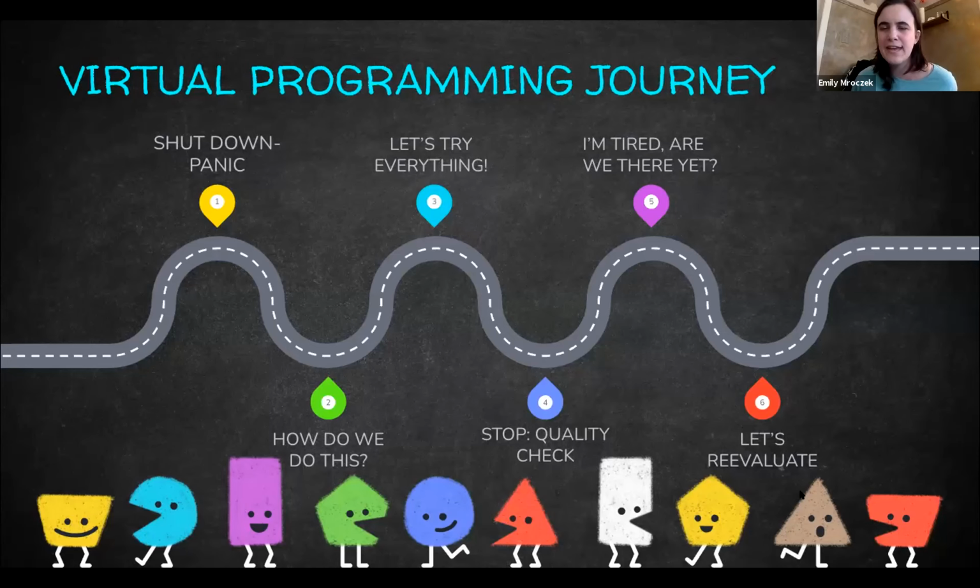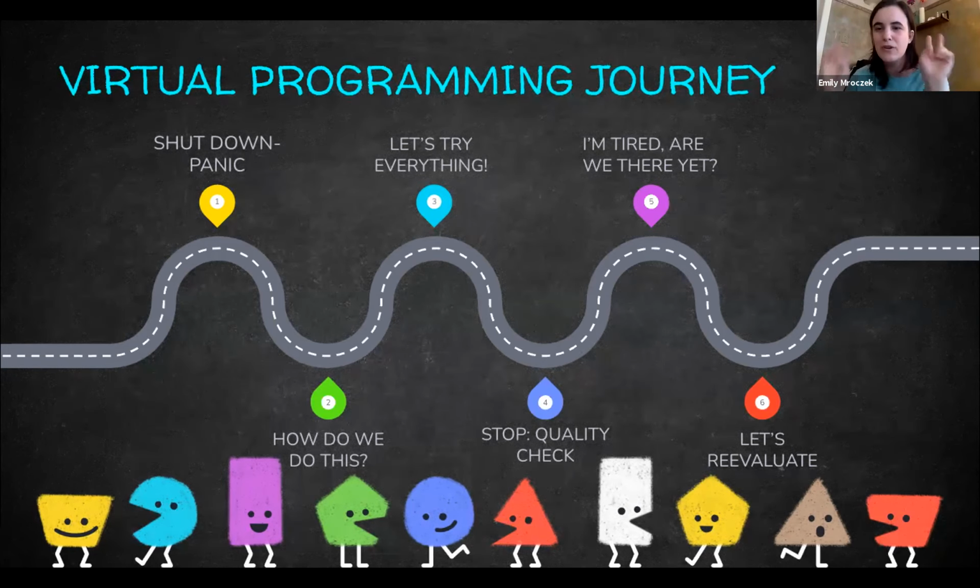And then it really came to a lot of fatigue. And I think we're in that right now. And I don't know if that's ever going to end. And thinking, are we there, is it over? When can we get back to normal? And that leads us to the important, let's reevaluate, let's think, where do we go from here? What are we doing? People are starting to get vaccinated.